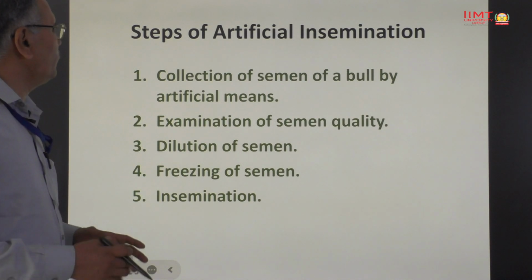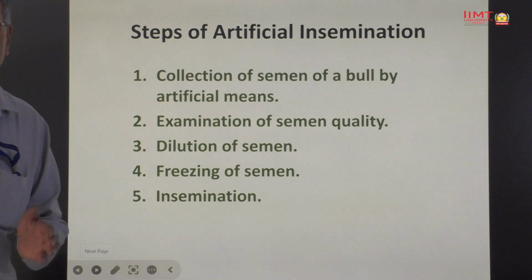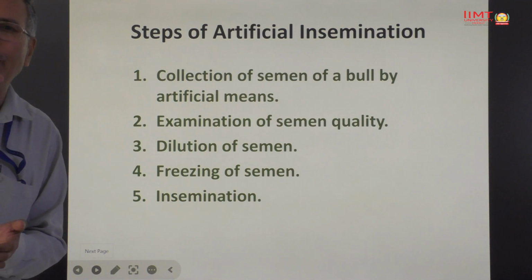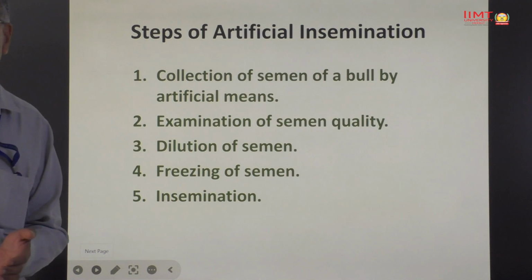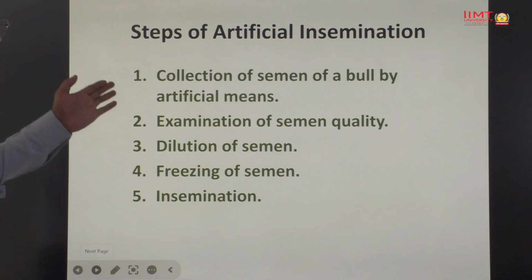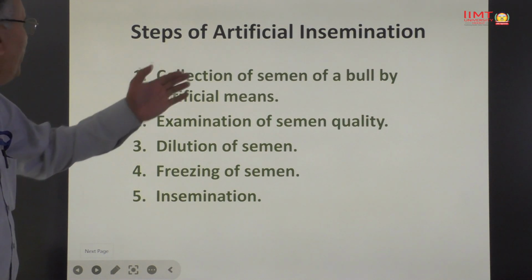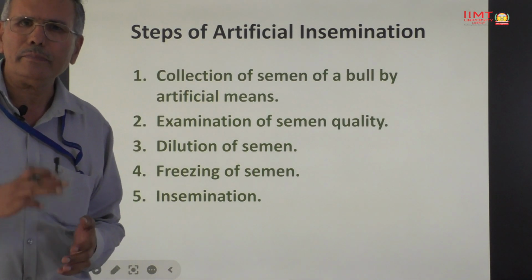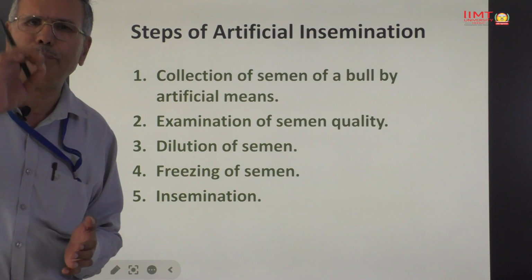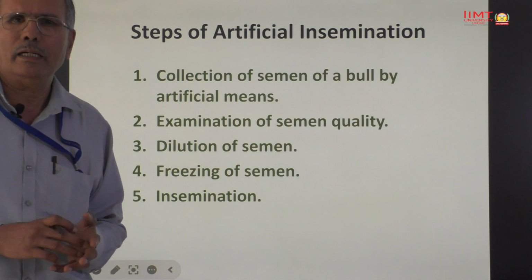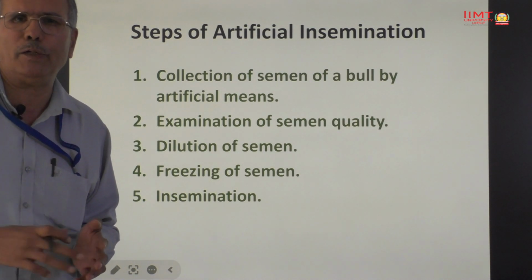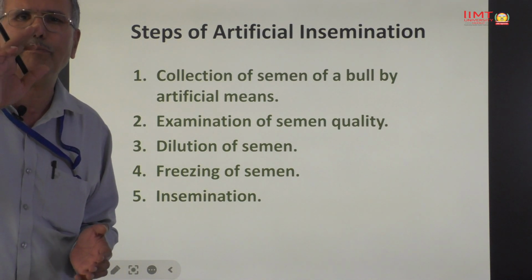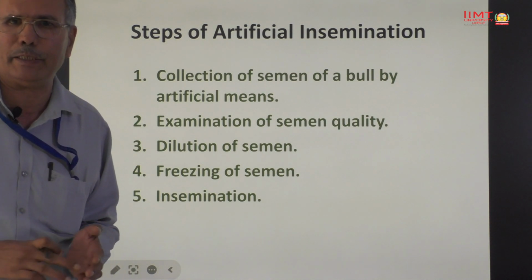Steps involved in artificial insemination. There are 5 steps involved in artificial insemination techniques. Number 1, collection of semen of a bull by artificial means. The best method for collection of semen from a bull artificially is the artificial vagina method.